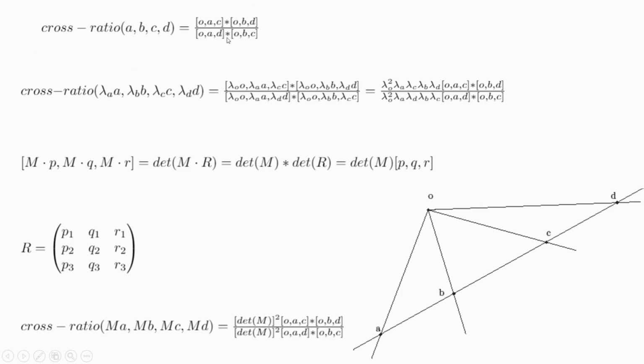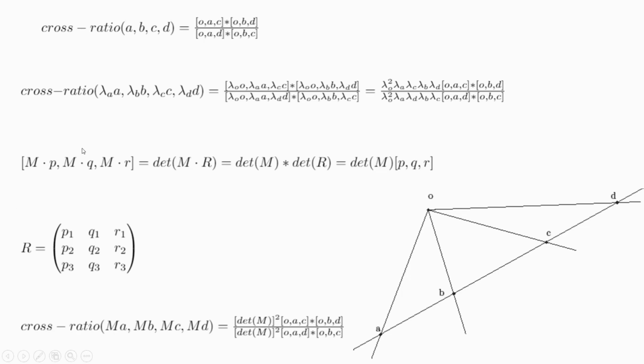And following the same line of reasoning we used before, we can show that the cross ratio is well defined for projective points, so that we can multiply them by any non-zero real number and the cross ratio is still the same. These numbers are non-zero, so we can cancel them. The same goes for projective transformations. We are now talking about the projective plane, so a projective transformation is a 3 by 3 matrix with a non-zero determinant.